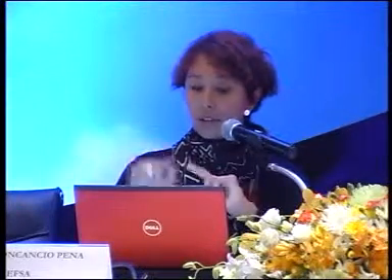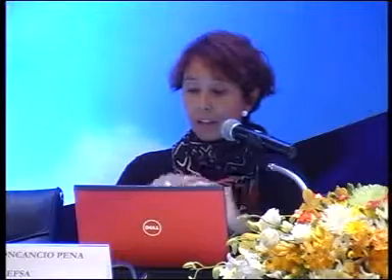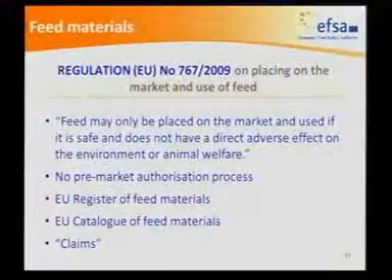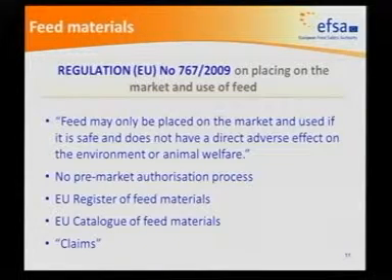The first premise of this regulation, which is clear in Europe, is that feed may only be placed on the market and used if it is safe and does not have a direct adverse effect on the environment or animal welfare. So we can put only products that are safe on the market.